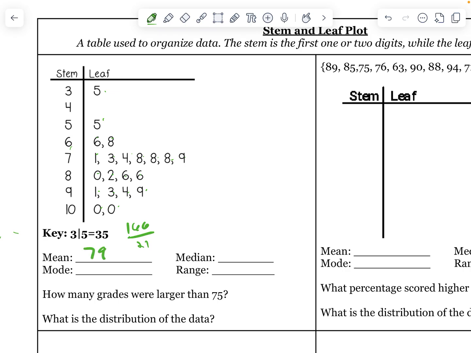So my mean is 79.3. My mode, what happens the most? This 78 happens the most. I don't see anything else that's three or more. Okay. The median is the thing that's in the middle. So I cross one out from the bottom, one out from the top, bottom, top, bottom, top, until I reach the middle.